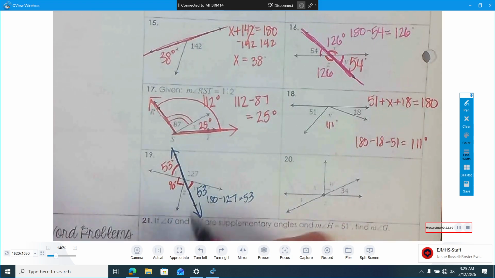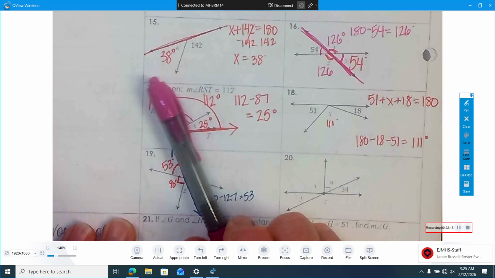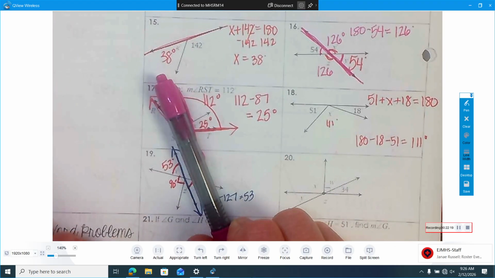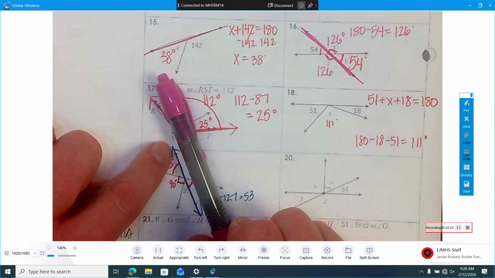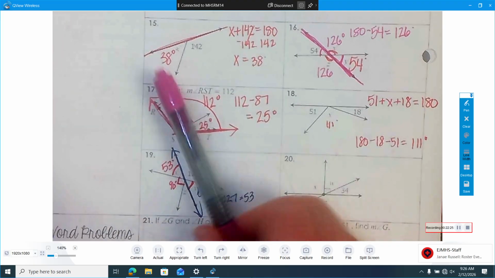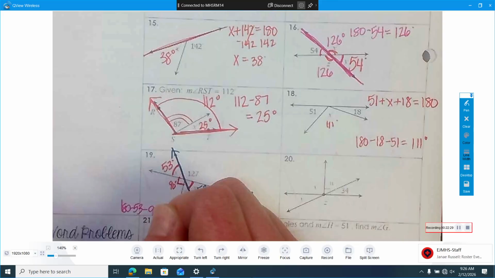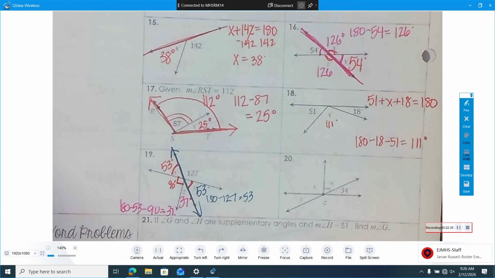And then how are we going to figure out Z? Subtract from 180. Yeah, again, we are now on the other side of that nice straight angle there. So we can do 180 from the straight line. We can subtract 53, and we can subtract 90. So 180 minus the 53 minus the 90 equals 37. So Z must be 37 degrees.